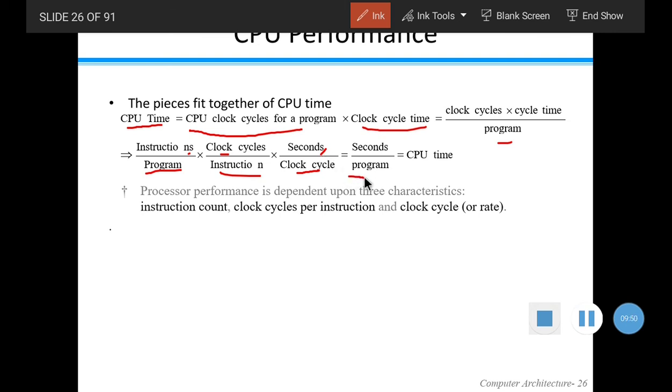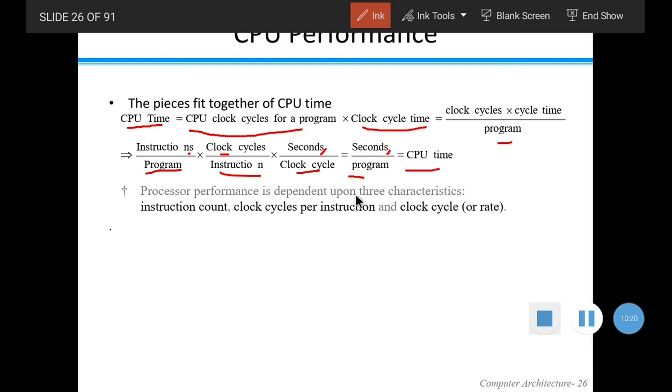Finally, the program is measured in seconds, how many seconds it takes to execute. So CPU time is measured in seconds.